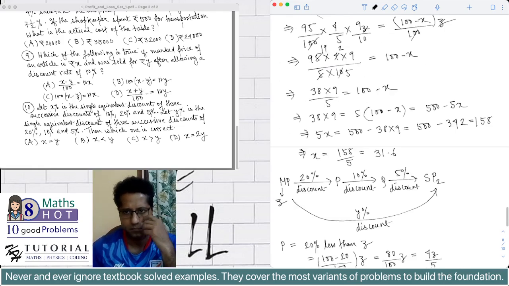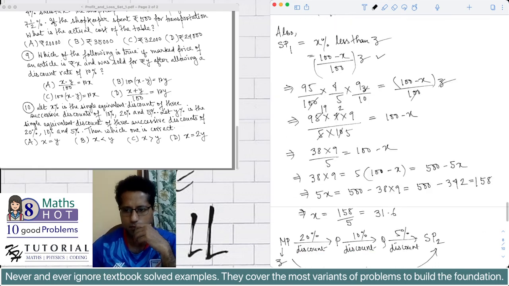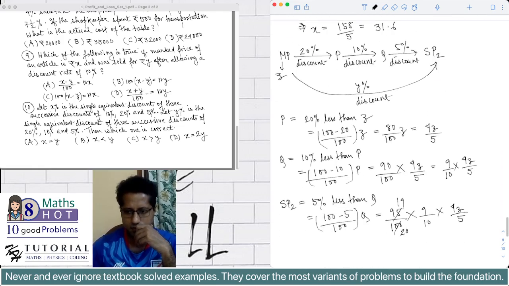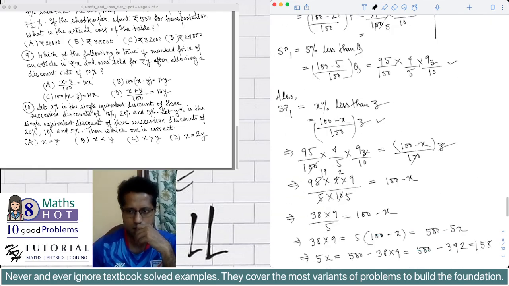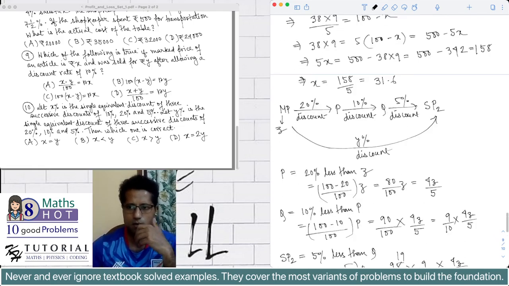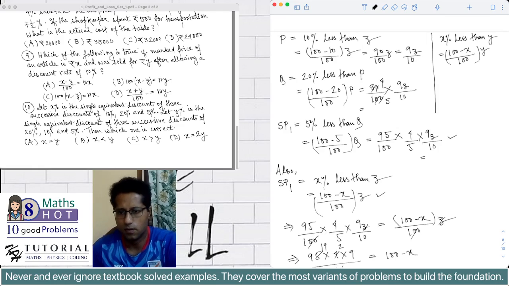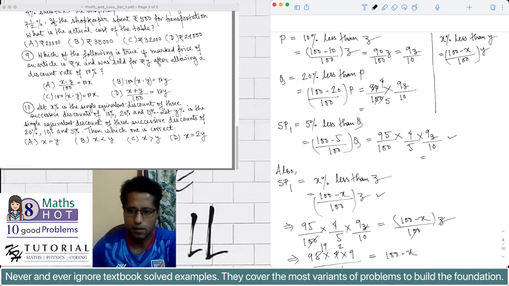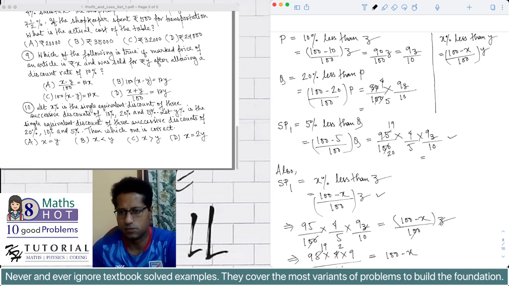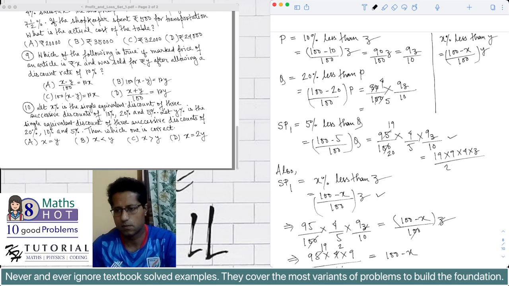What was SP1? SP was same. So you can see SP1 and SP2 are same. SP1 is equal to, if we simplify 95 by 100, 19 by 20. So SP is 19 multiplied by 9 multiplied by 4 multiplied by Z divided by 20 multiplied by 5 multiplied by 10.